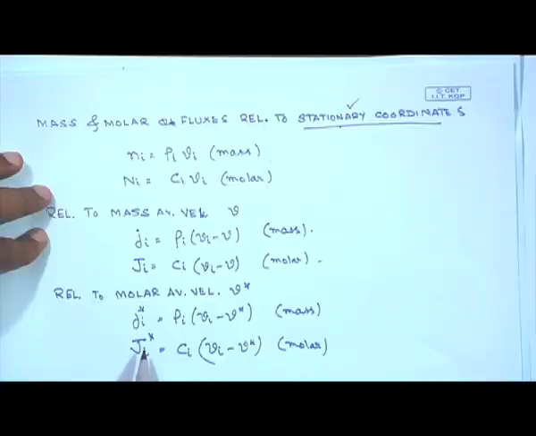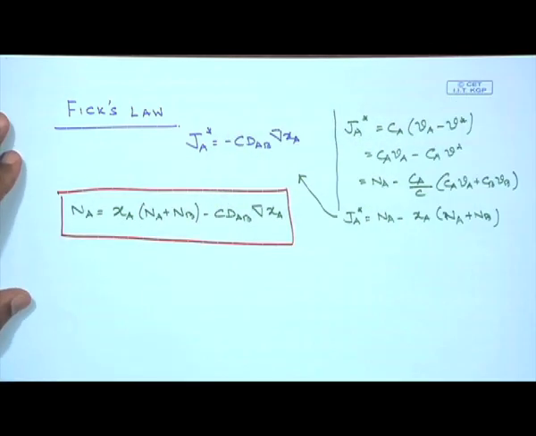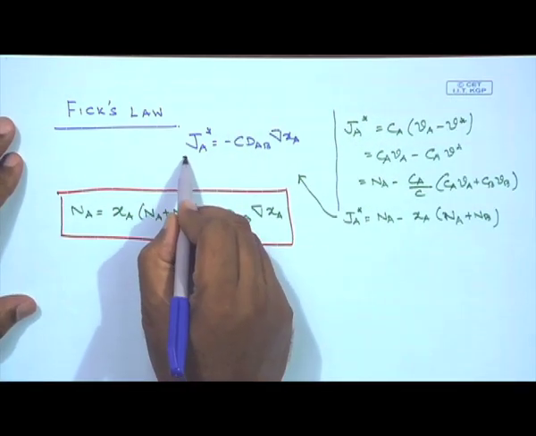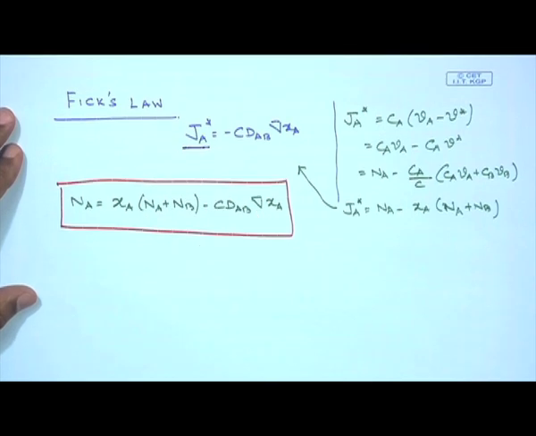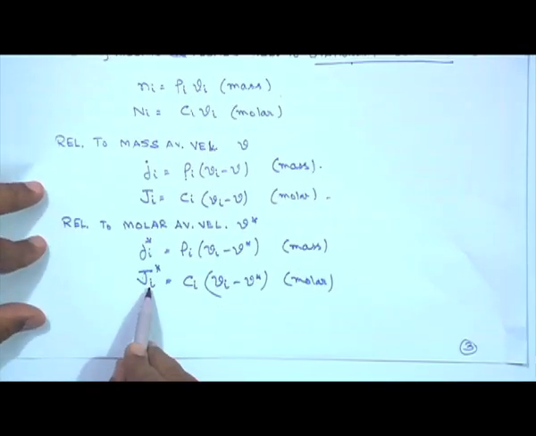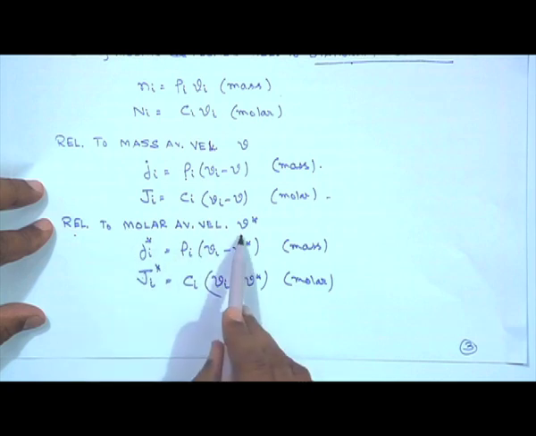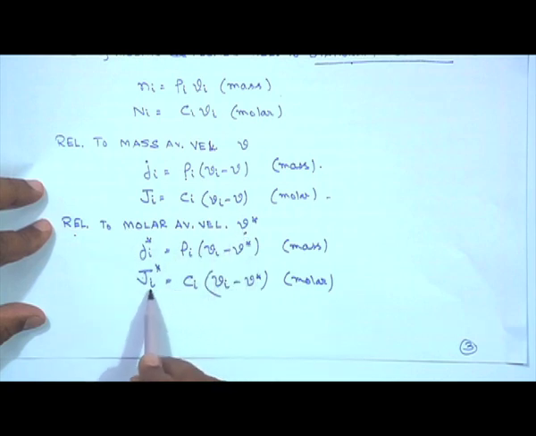Now this flux, be it mass flux or molar flux, is generally expressed, the molar flux where if you look at J star, this is the molar flux of the ith species when the flux is relative to the molar average velocity, so Ji star is equal to Ci times Vi minus V star.